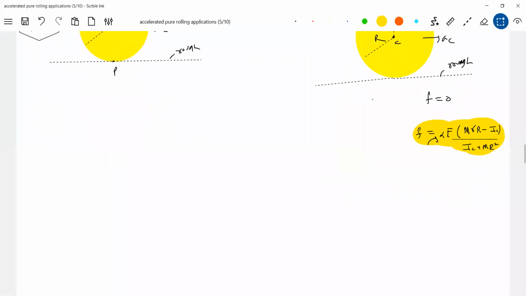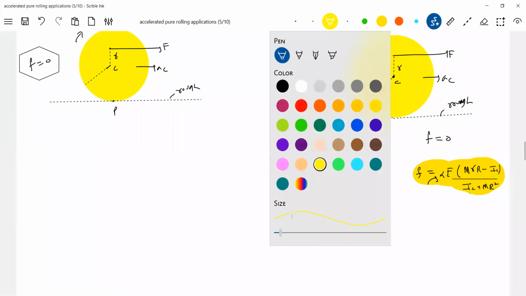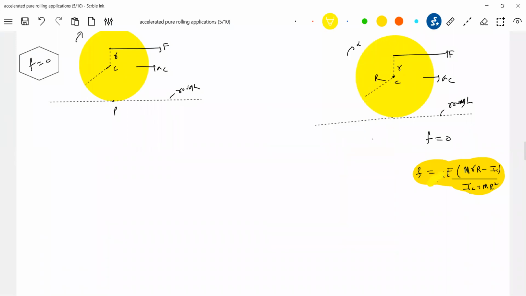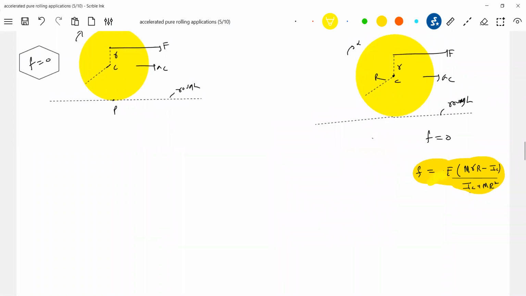Let me continue with this. Now we'll go for below the center of mass.